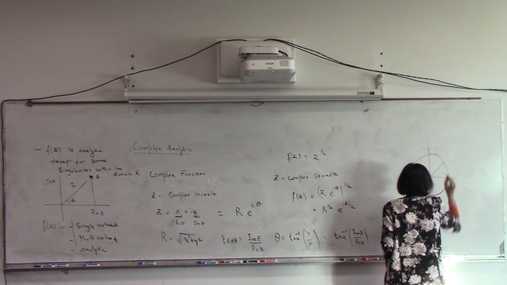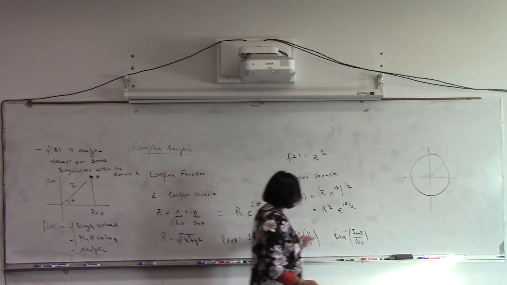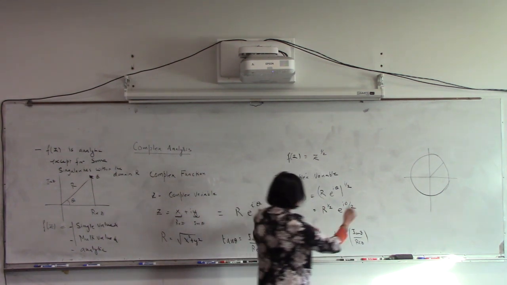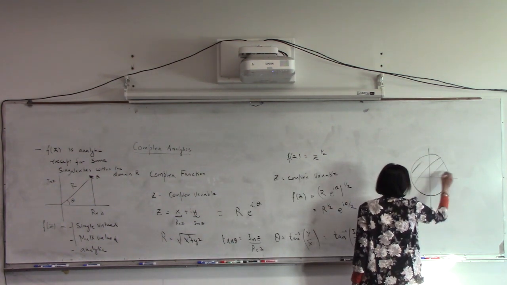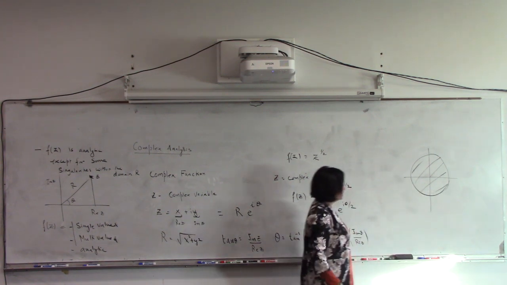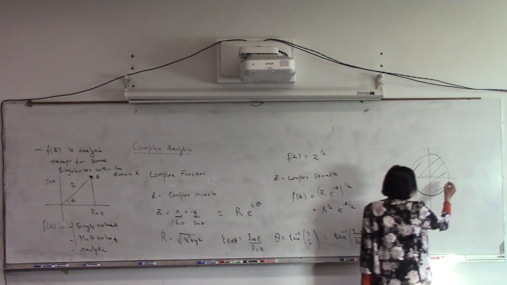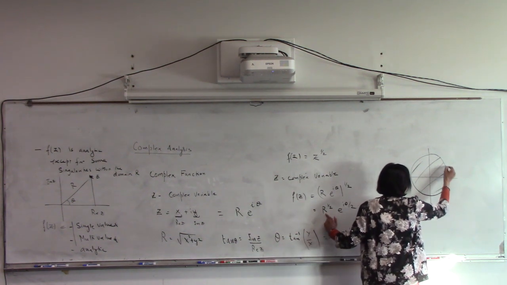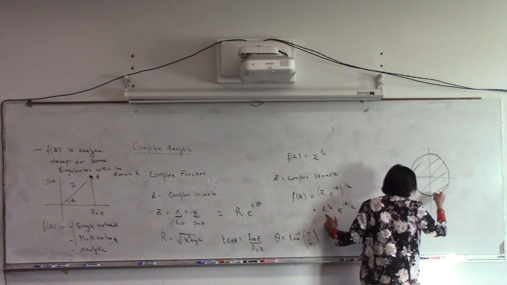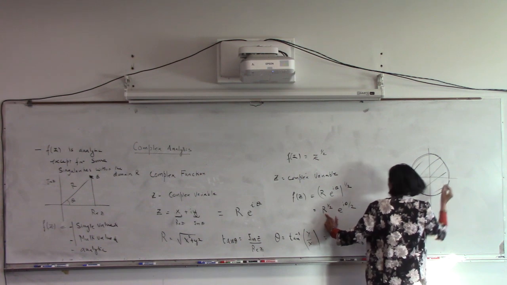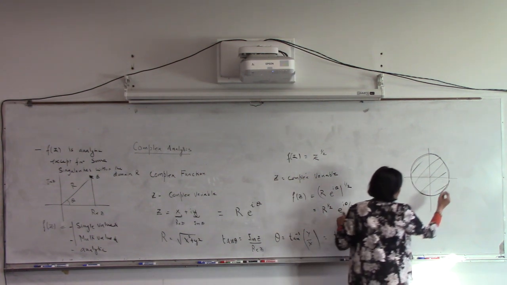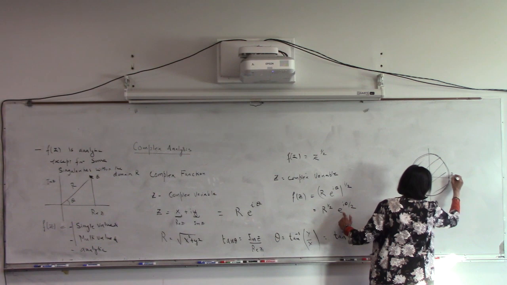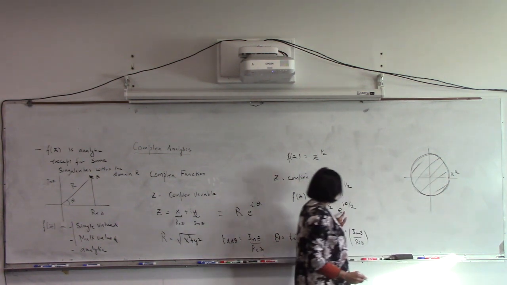Supposing this function is defined in this domain, whatever the domain is. What happens for this function is that if I go around z equal to 0 once, at r, for instance, at theta equal to 0, it already has a value r to the power of half.